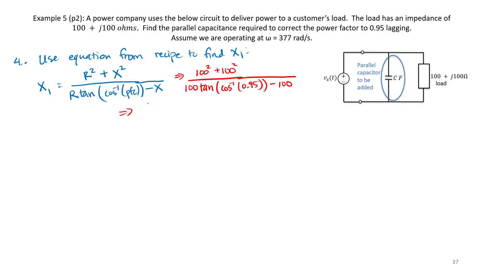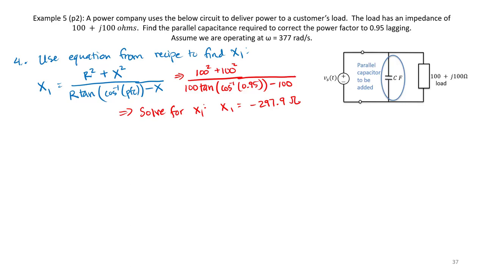So in this case, if we solve for x1, we get x1 is equal to negative 297.9 ohms. Don't worry that this is negative.